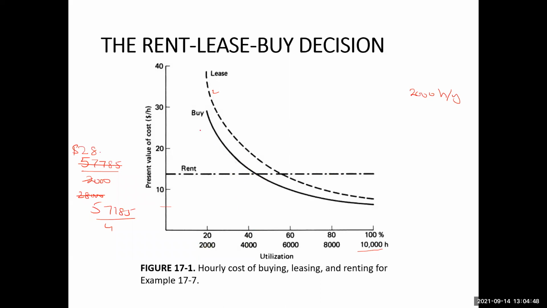Therefore, if you want to buy the equipment, we have to use this equipment for a longer period of time. Similarly, the same case is for the leasing option, but for the leasing, the costs are slightly higher than the buying option. So this is what the chart says.